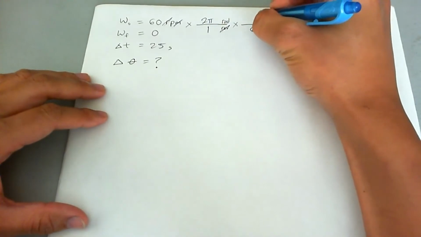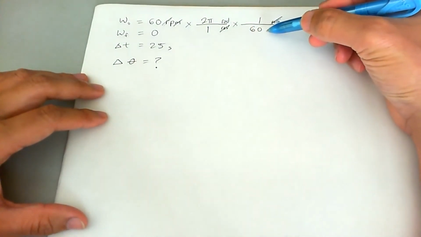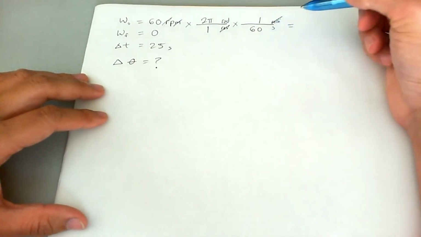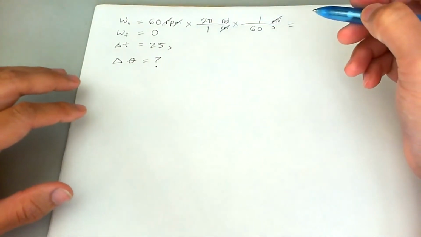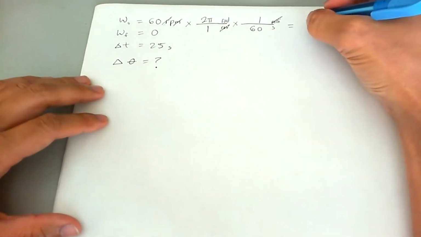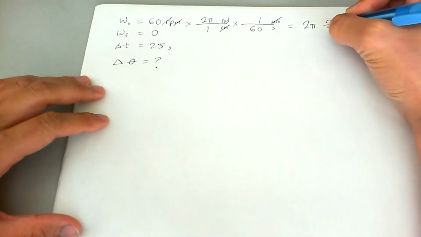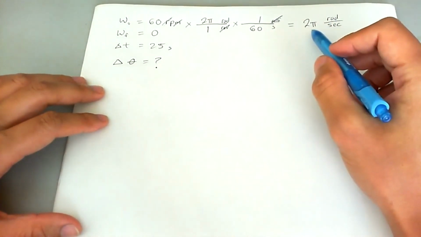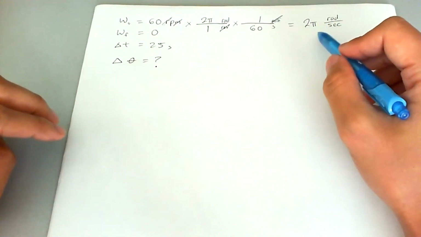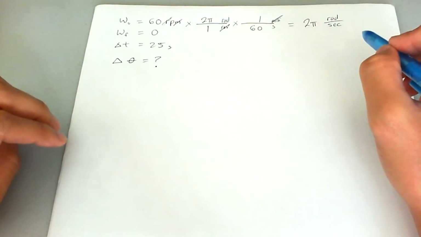So the 60 can go down here. You could just say there's 60 seconds per every 1 minute. Now, if you do the calculation, this ends up being 2 pi radians per second. So something that looks nice. You could also say 6.28, but 2 pi just looks nicer on paper here.